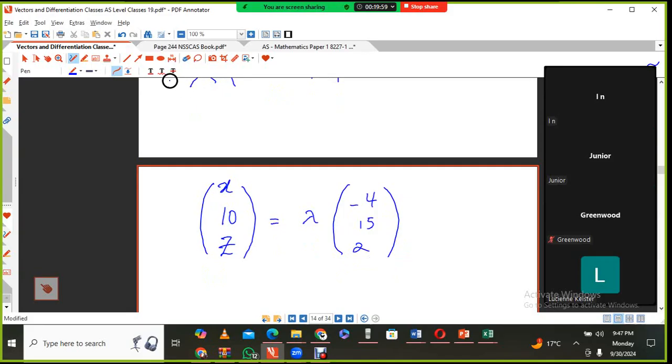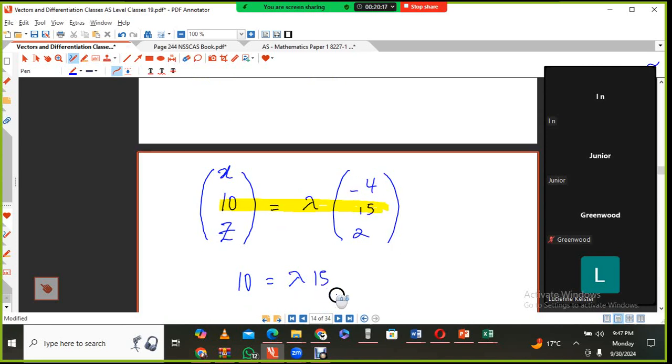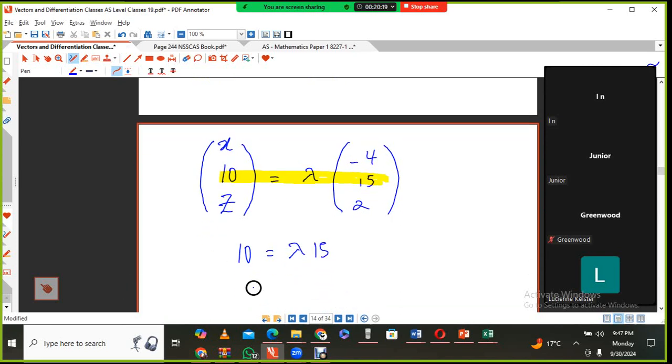Now the component that is complete is this one, so I can calculate my lambda. I'll say 10 equals lambda times 15. Lambda will be 10 divided by 15, which is 2 over 3.